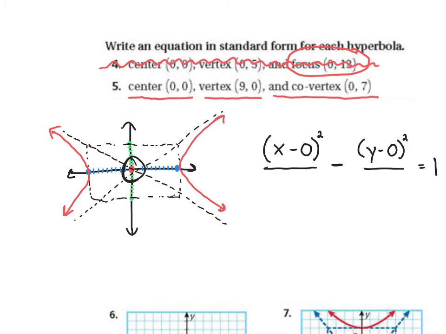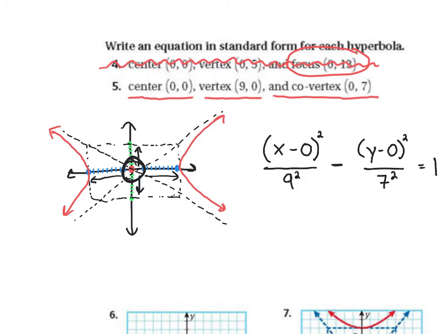The center of the whole graph is at 0, 0. Now the major axis, just like with an ellipse, is a distance of 9 from the center, right? So you've got to go 9 in either direction. So we're going to go 9 squared. And the co-vertex has a distance of 7. So we're going to go 7 squared.